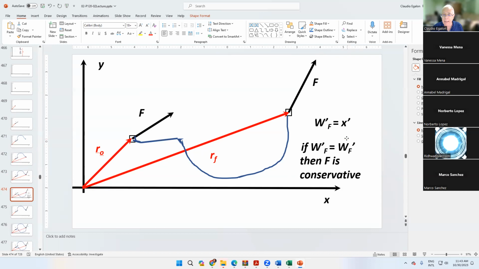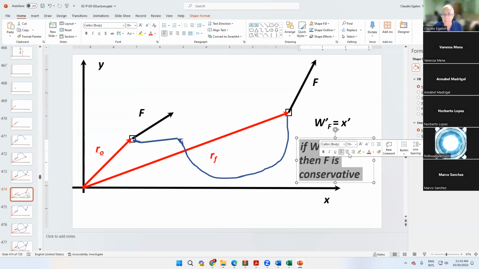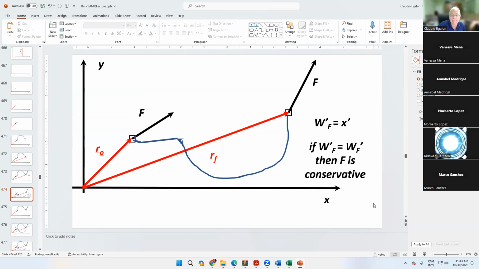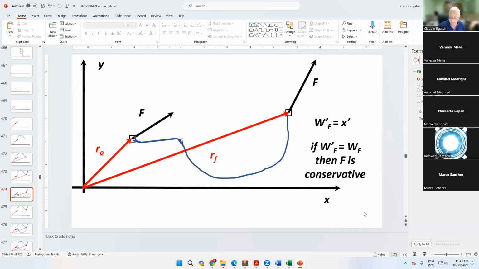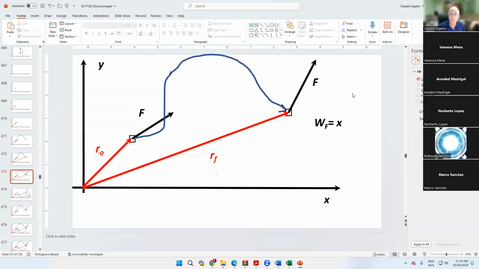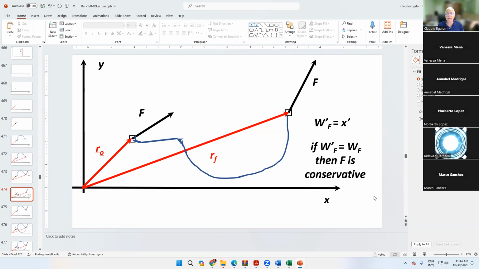And I'm going to give you an example. It's going to take some time to do that. That's how we define it. If this work here is equal to this other work here, which by the way, we drag the objects through a different path, then we say that the force is conservative.